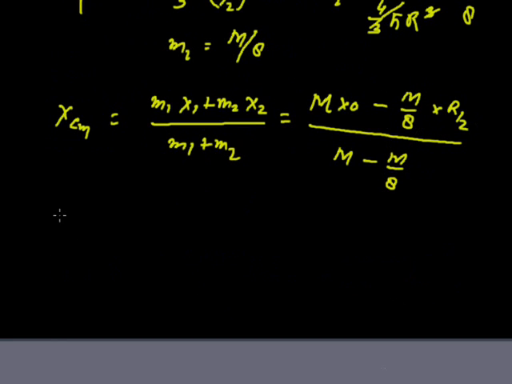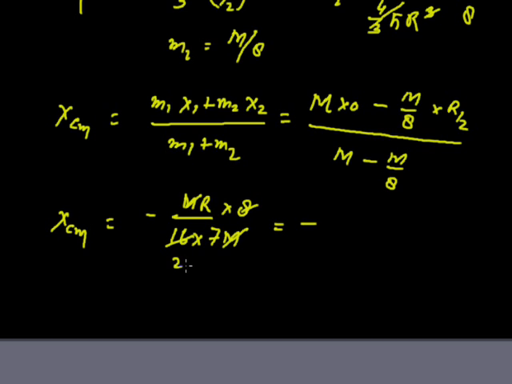So xcm will be minus M into r divided by 16, into 7M by 8. M cancels, 8 cancels 2 times, so xcm will be minus r by 14.